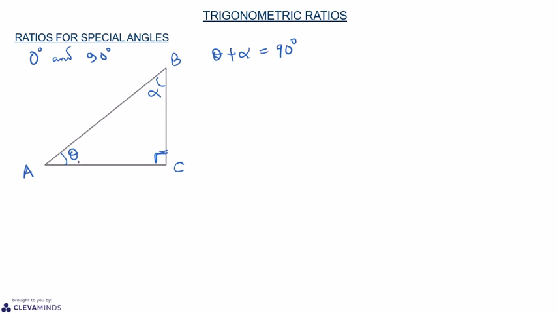So as theta tends to 0, given that the hypotenuse is 1, this is y, and this is x, what happens to alpha? As theta tends towards 0, alpha tends towards 90. That's what I said: as theta decreases, alpha increases, right?